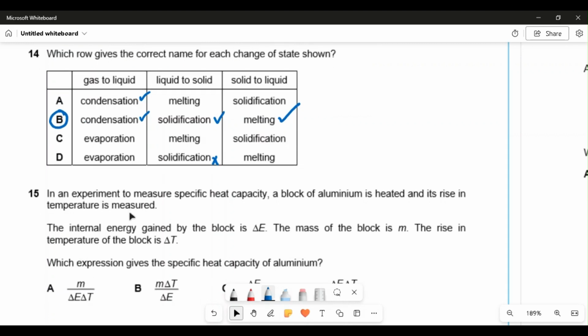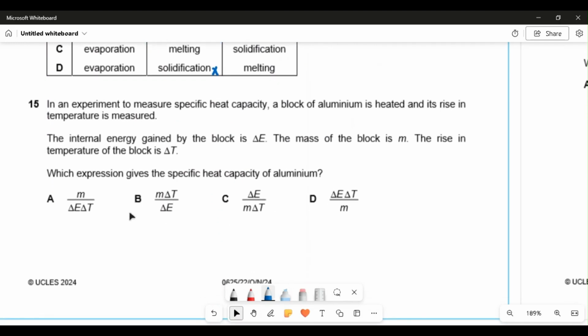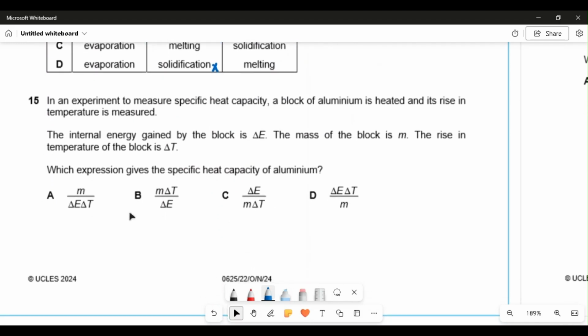In an experiment, question number 15, in an experiment to measure a specific heat capacity denoted by C, unit is joule per kilogram per Celsius degree. A block of aluminum is heated and its rise in temperature is measured.